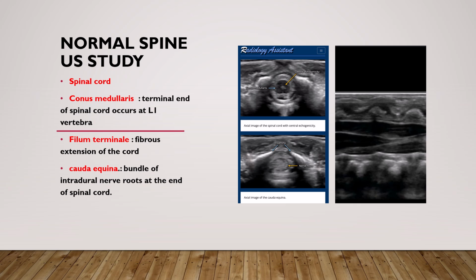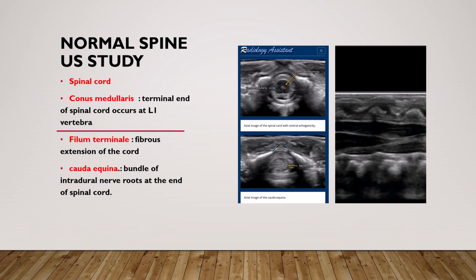As you see, the spinal cord, this is the black one, and this echogenic dot in the center is called the central canal. Then there is the filum terminale. We can see the filum terminale in the longitudinal image.